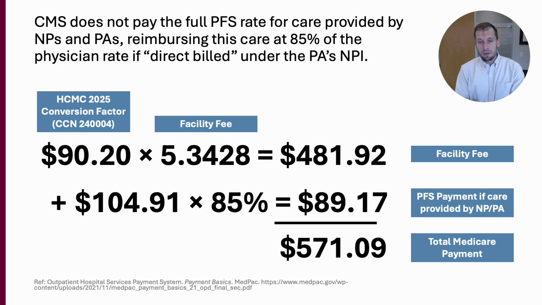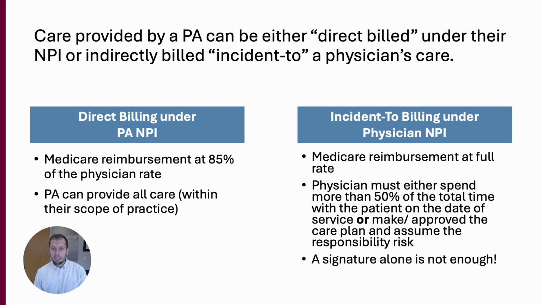They reimburse at 85% of the physician rate if it's direct billed under the PA's NPI. So if we're not going to get that full $104.91, you're only going to get 85% of that, $89.17. So the reimbursement is going to end up being a little bit less.